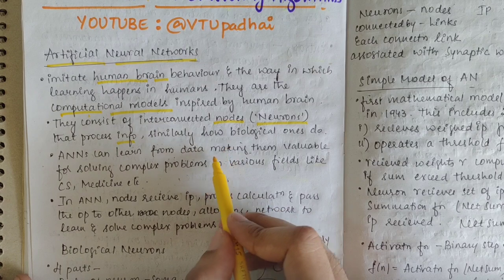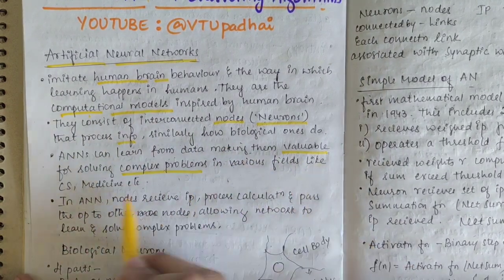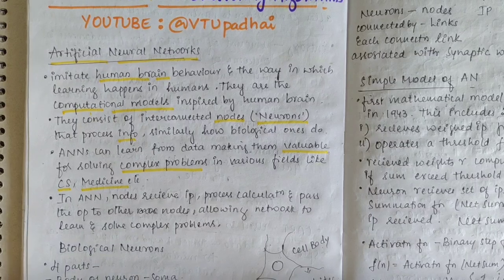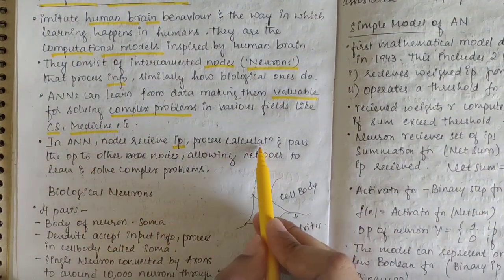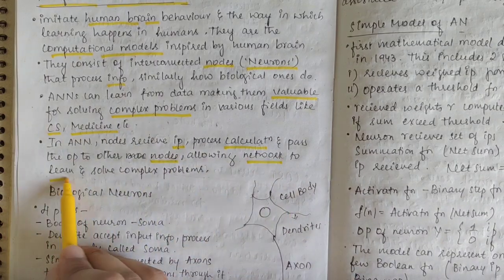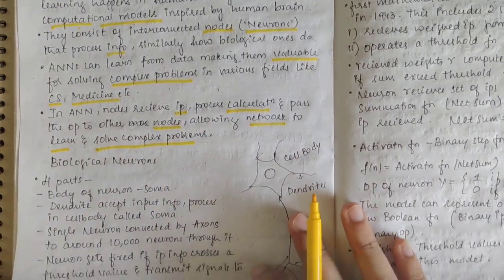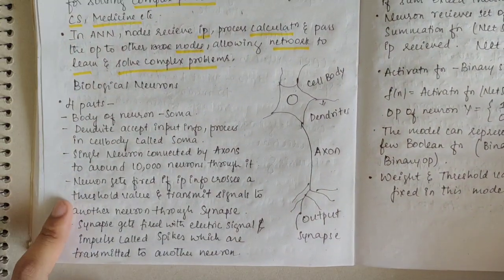ANN can learn from data, making them valuable for solving complex problems in various fields like computer science, medicine, and so on. In ANN, nodes receive the input, process the calculation, and pass the output to other nodes, allowing the network to learn and solve complex problems. So this was about ANN. If they ask the definition, we can write these 3-4 points there.